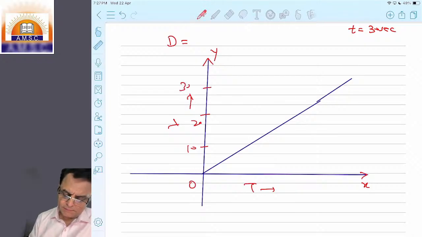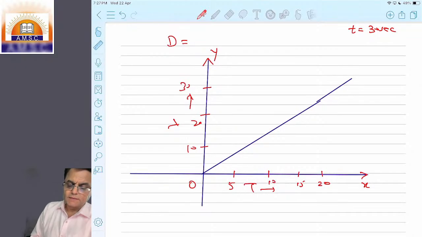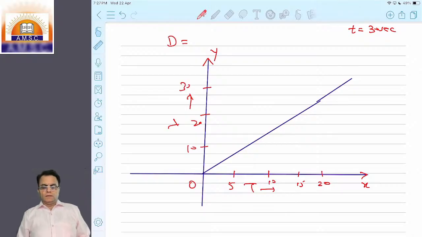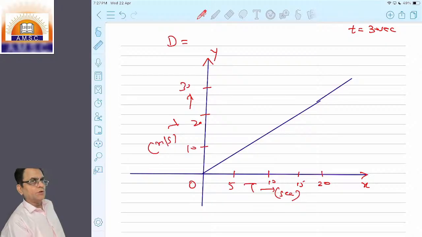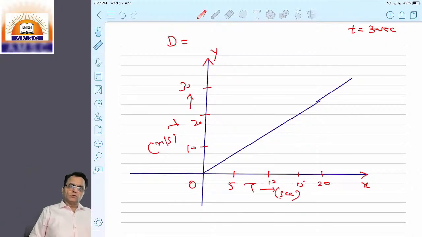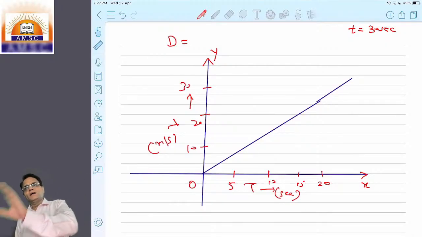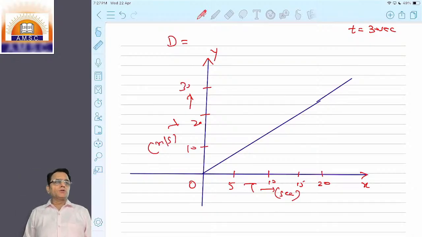Let it be 30. This is 5 seconds. This is 10 seconds. This is 15 seconds. This is 20 seconds. This is velocity, meter per second. This is time in second. What kind of nature of motion it represents? It is uniform acceleration. Excellent answer.